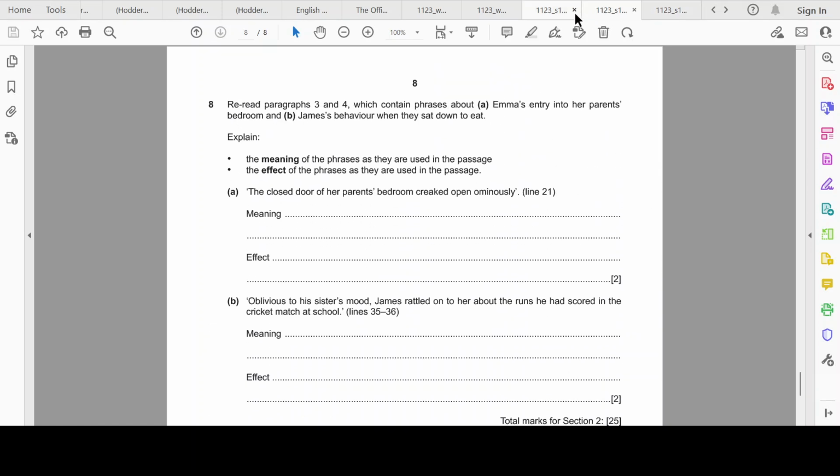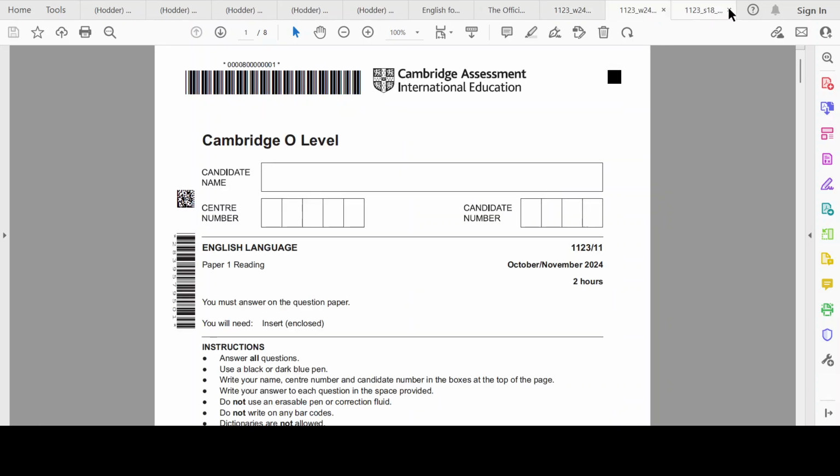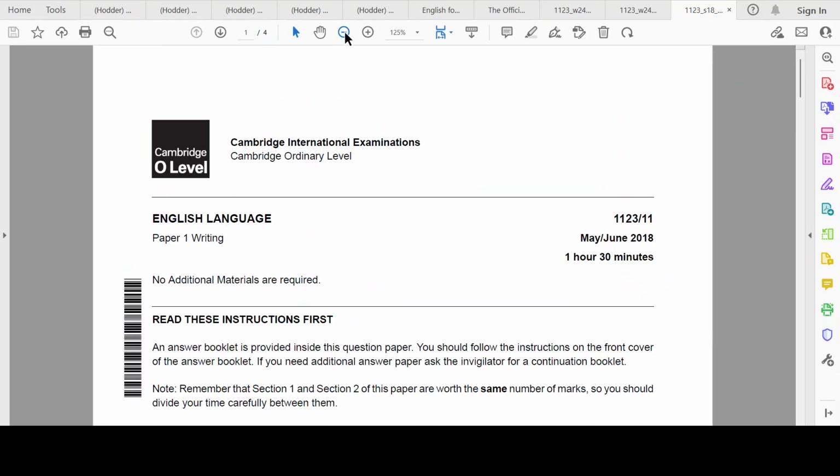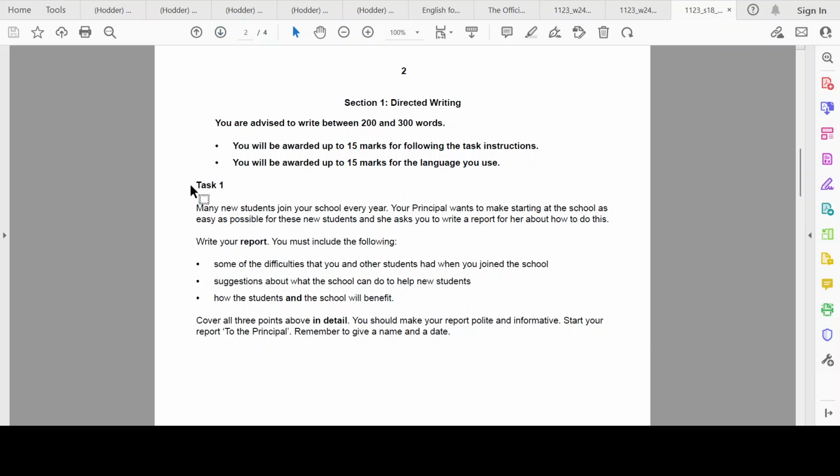As far as paper 2, or what it used to be earlier, paper 1 is concerned, if I open that up as well, QP 11. The directed writing isn't useful anymore because it's completely changed.